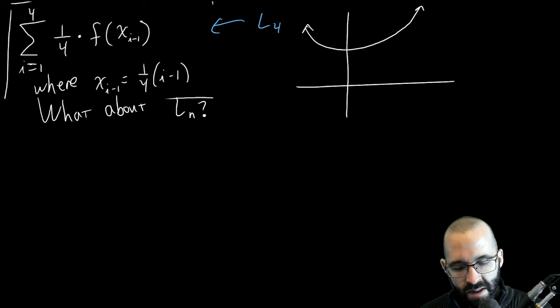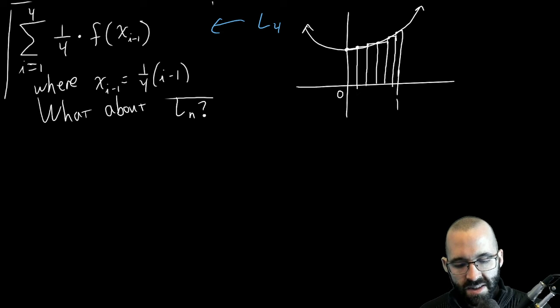We've got this parabola, and we're starting at 0, going up to 1. We're doing an arbitrary number of rectangles. Who knows how many rectangles this is? Not me. Let's say there are n rectangles.